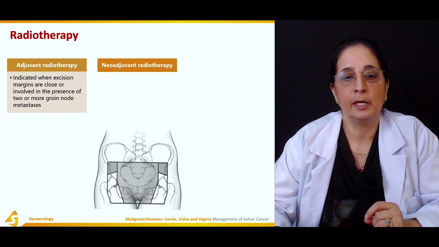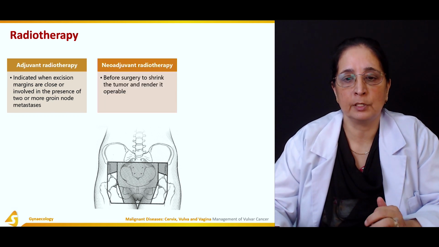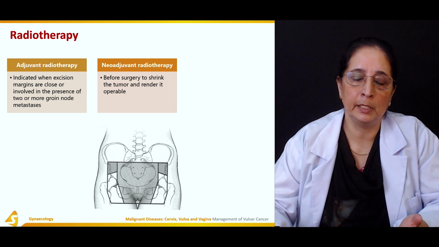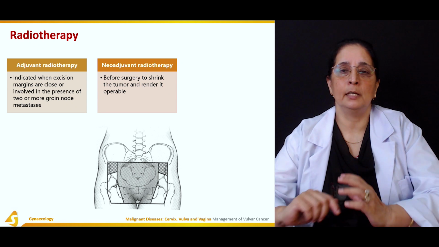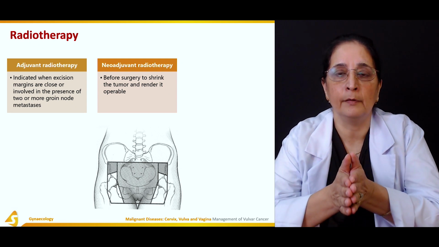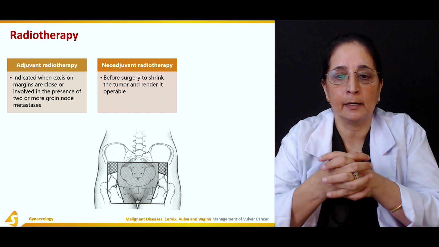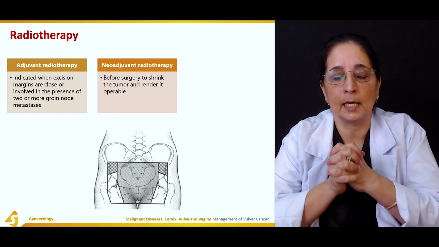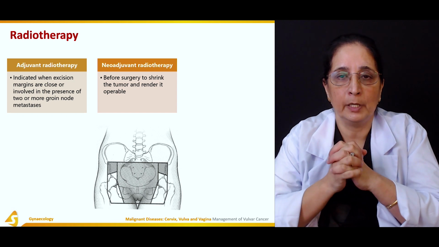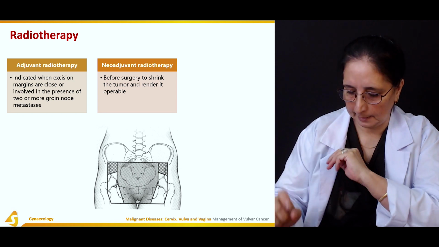Neoadjuvant radiotherapy, before surgery, is usually done to shrink the tumor size. So if the tumor is big enough, neoadjuvant radiotherapy is performed to shrink the size of the tumor so it can be removed easily.